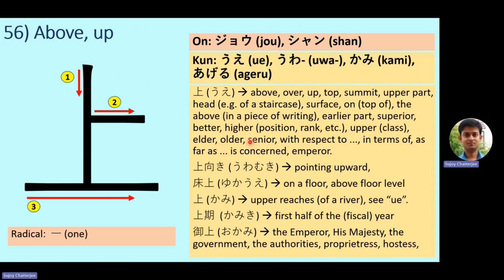The meaning of this kanji character is ue, which means above, over, up, top, summit, upper part, head, for example of a staircase. Also the surface on top of, the above in a piece of writing, earlier part, superior, better, higher position. So everything which is related to high or above is denoted by this symbol.